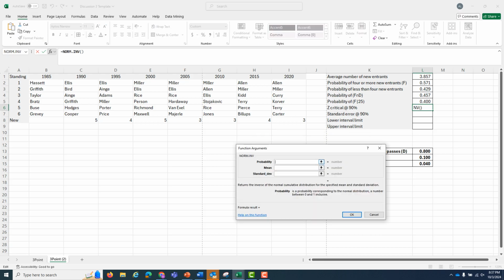And it's going to ask for 3 inputs: the probability I'm looking for, the mean, and the standard deviation. Well, the probability that you're looking for in this case is the probability that there's going to be a miss on one side or the other. We're going to make an interval. We're going to say the probability is between point X and point Y. How can we go wrong in that situation? Well, some of the time it's going to be on the low end.